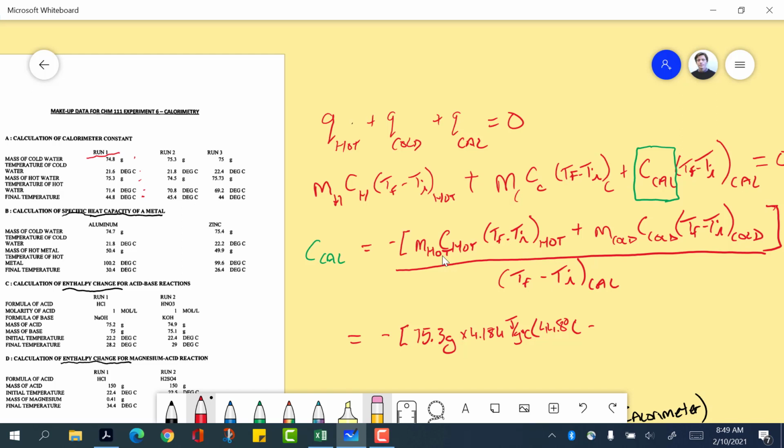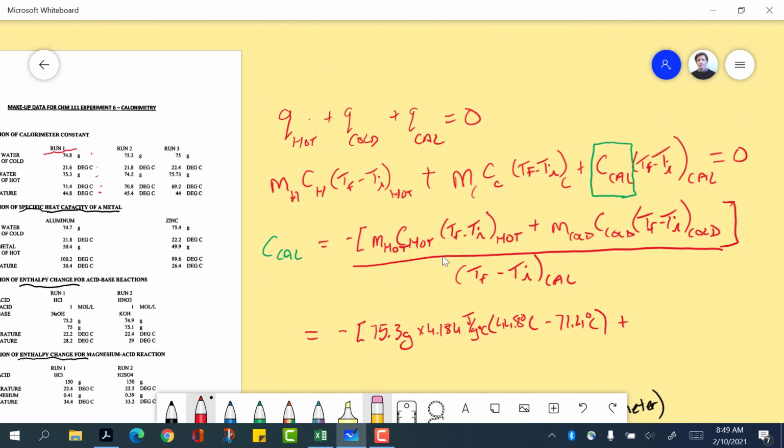Remember, the hot water should lose heat, so its temperature should decrease. So the final temperature of the hot water should be less than the initial temperature. So there we are.